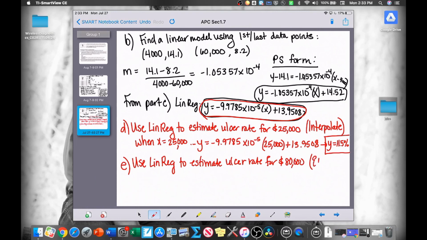So in this case, we are using our model to extrapolate or to find a value outside of the data set. All right, so we're just going to plug in 80,000 for x.